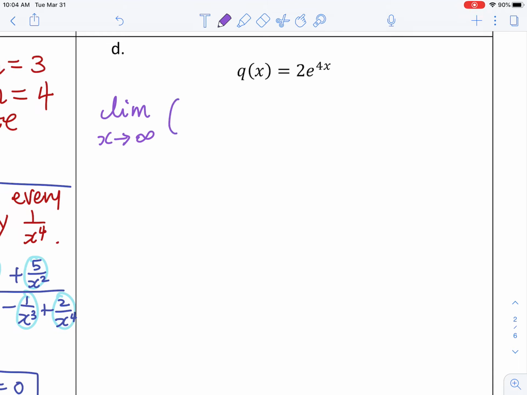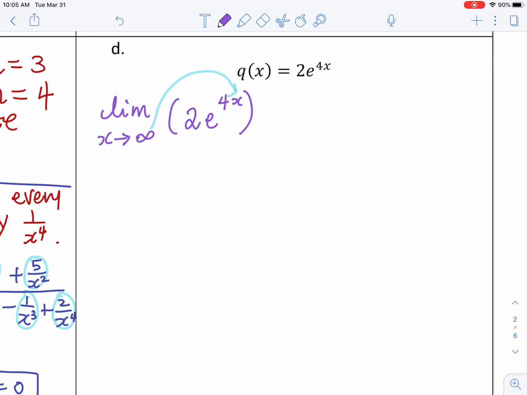Limit as x approaches positive infinity of 2 times e to the 4x. I haven't done limit calculations in a long time. We can pull out different things, but just imagine plugging infinity into x here, because we can think about it that way. What will happen if x is a very, very big number?